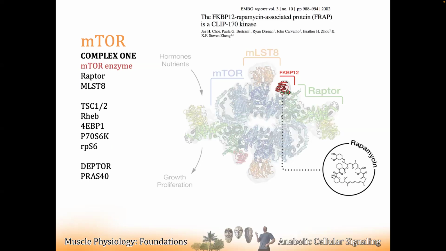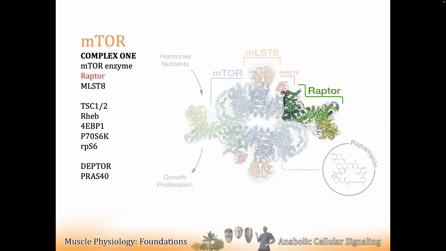So if you block an enzyme, whatever the downstream consequences are, well, that enzyme was responsible for that stuff. So that FKBP12, the site of inhibition through rapamycin, is really important for understanding what mTOR does. Now, this here is Raptor, and you'll have to know more about Raptor than FKBP12. This is regulatory associated protein, RAP, of Raptor, regulatory associated protein of TOR.